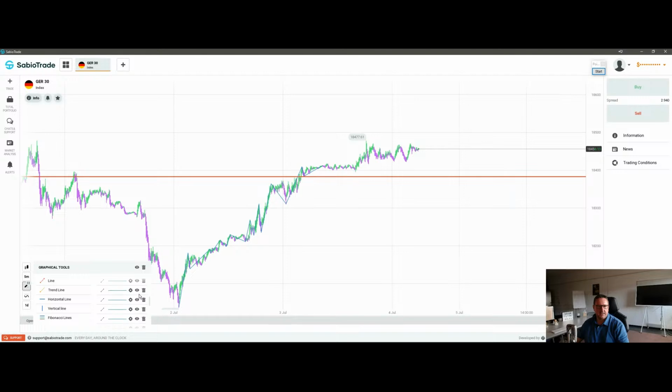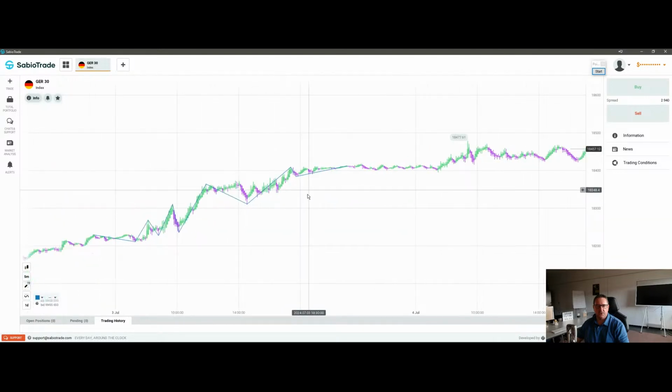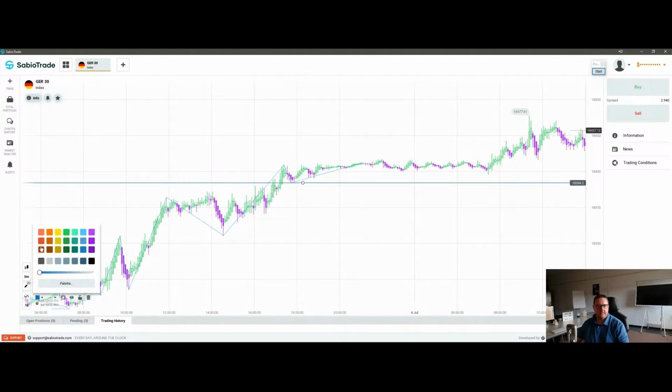So let me delete a little bit because we can use only 50. Okay. So now horizontal line, the last one was here. That was a red one.